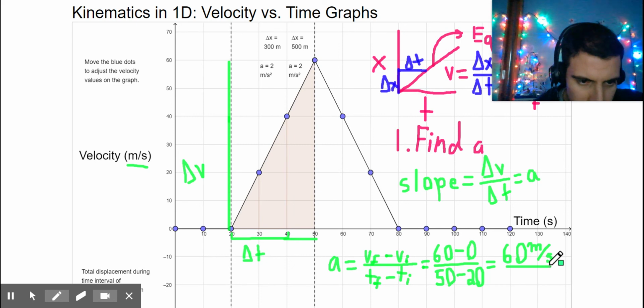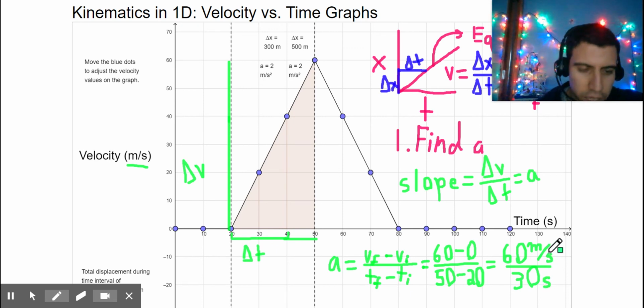Divided by 30 seconds. Now what's going to happen here is when you divide by 30 seconds, you're going to tack on an extra seconds to this unit. So 60 divided by 30 is 2. And once you have the seconds here, you're going to tack this on, and you get meters per second squared.